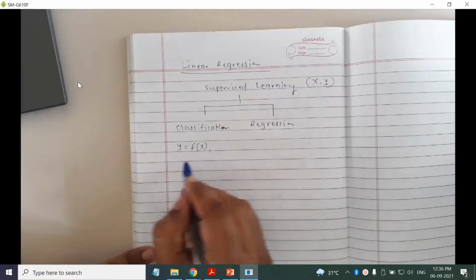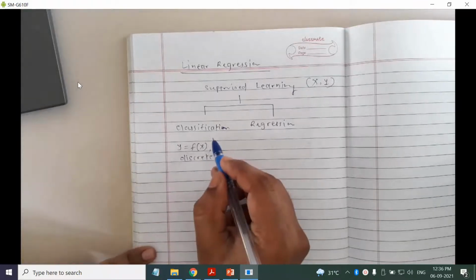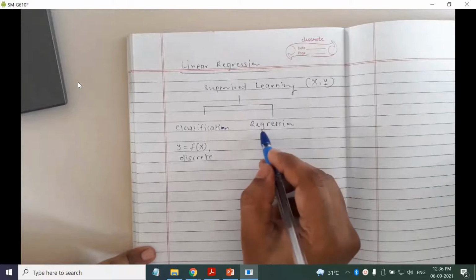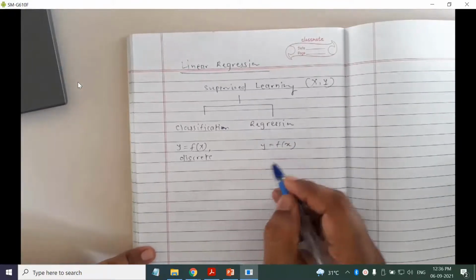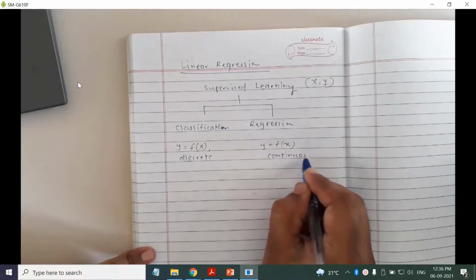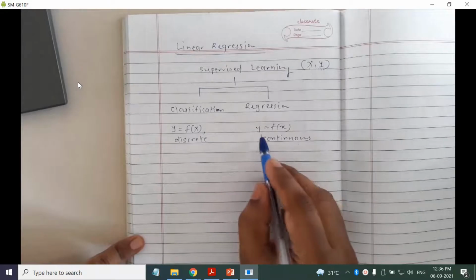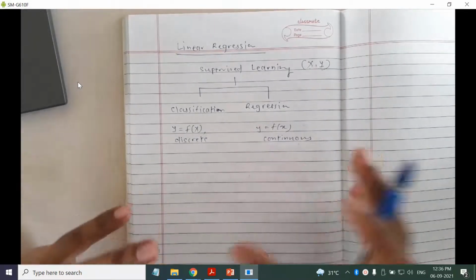So this y is a discrete value in case of classification, and in regression, y, which is nothing but f of x, is a continuous value. So y can have any value from the domain of y.